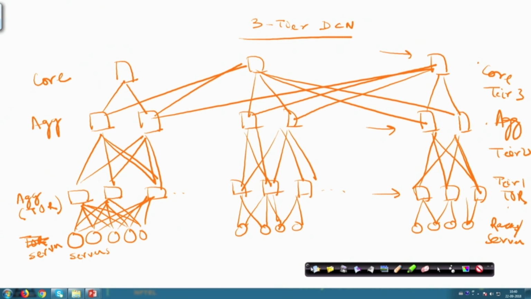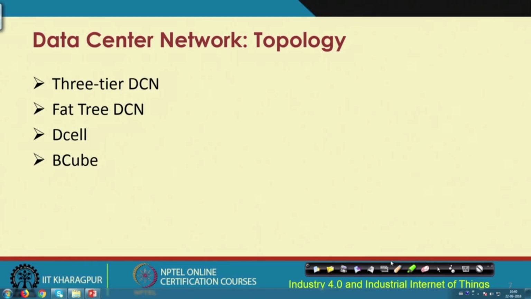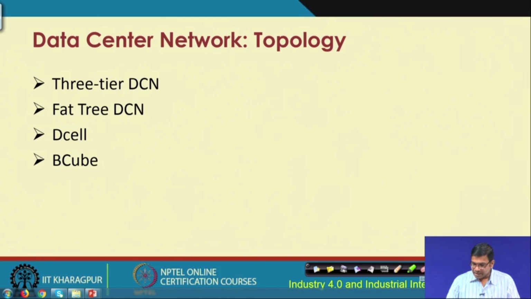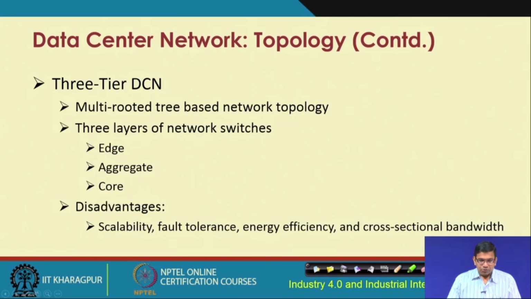Let us go back once again and have a look at the properties of a 3-tier DCN. A 3-tier DCN, as we have seen, has a tree based network topology, and there are multiple roots in the tree topology. So, multiple trees with multiple roots networked together.